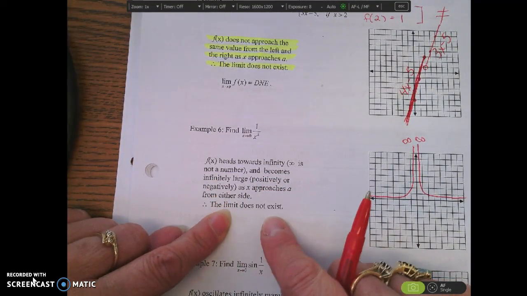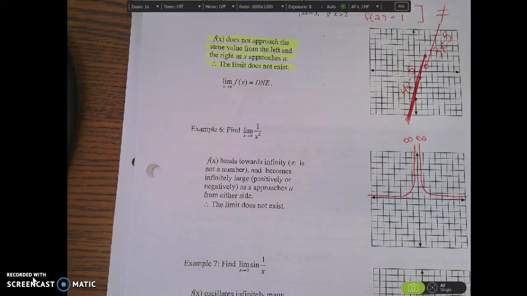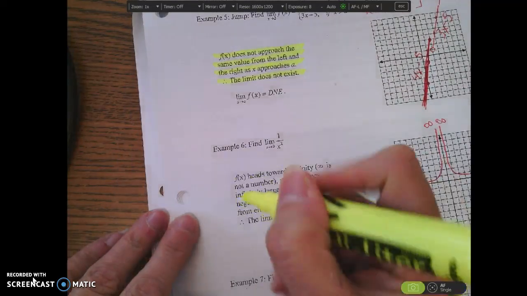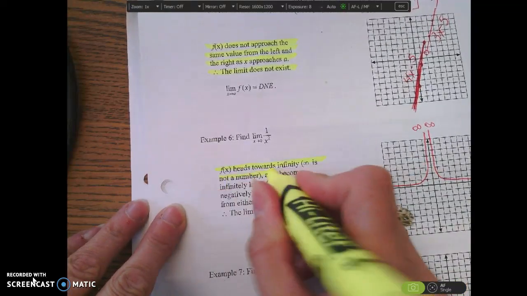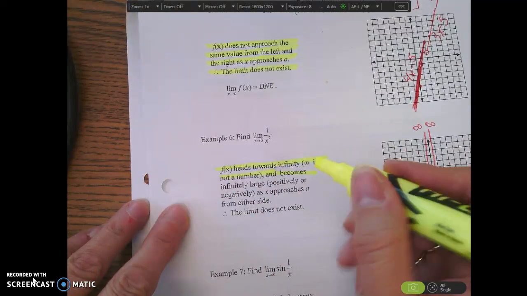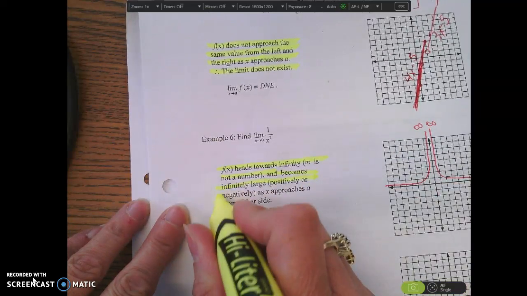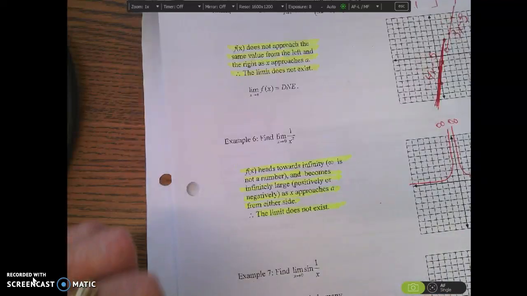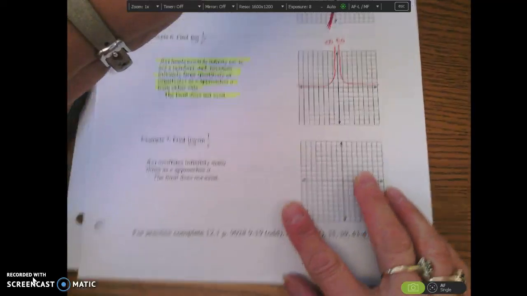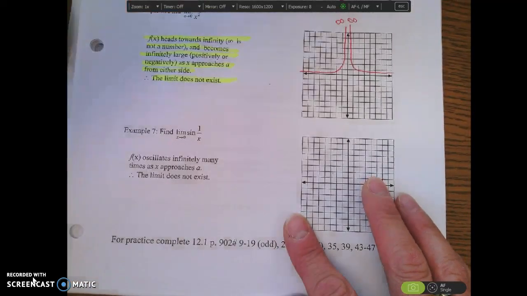So the limit does not exist. So here's another case. If your function value heads towards infinity, which is not a real number, and becomes infinitely large or negative, then your limit does not exist. It has to approach the same value. It has to be an actual number that exists.